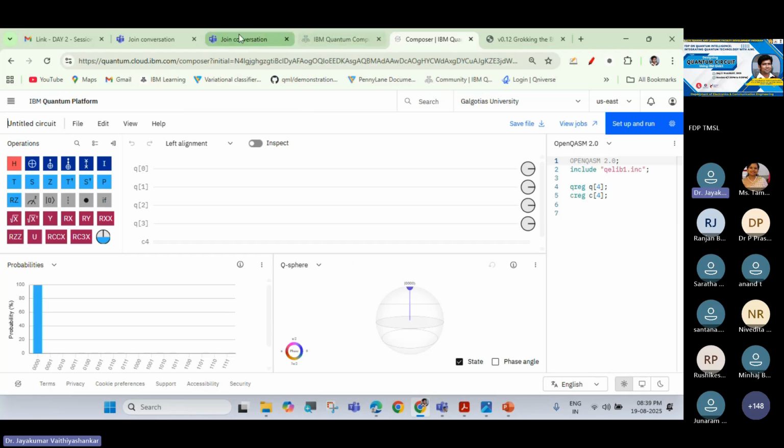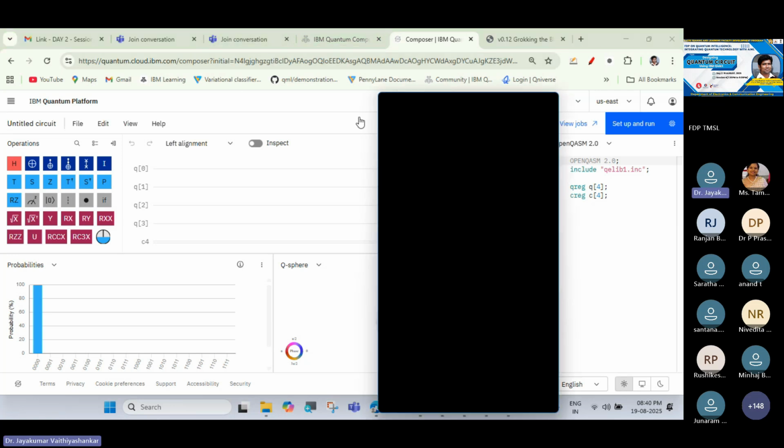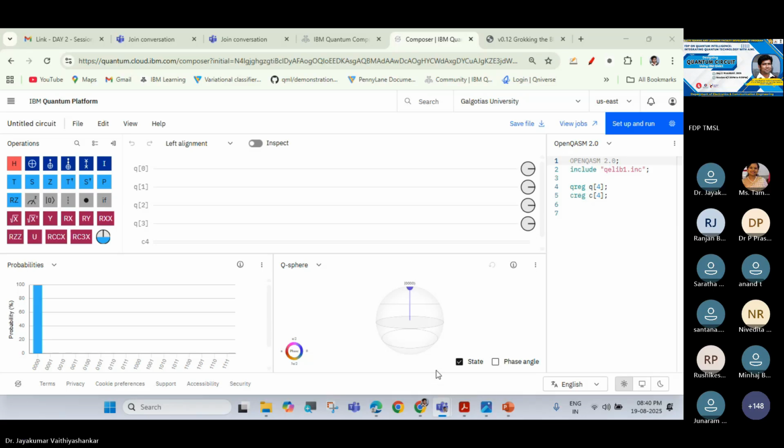Otherwise, you can Google for IBM Quantum Composer. After login, Google for IBM Quantum Composer, and you can directly reach this page. Even without login, if you search IBM Quantum Composer, it will lead to this page.